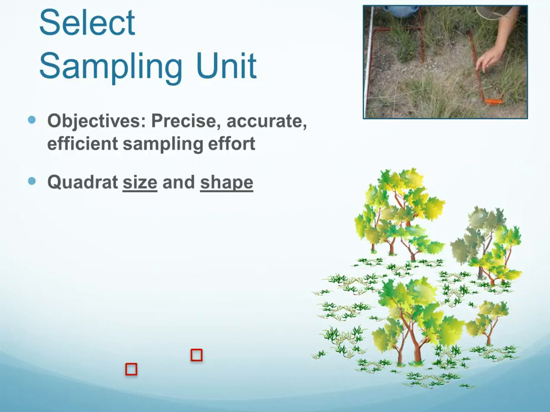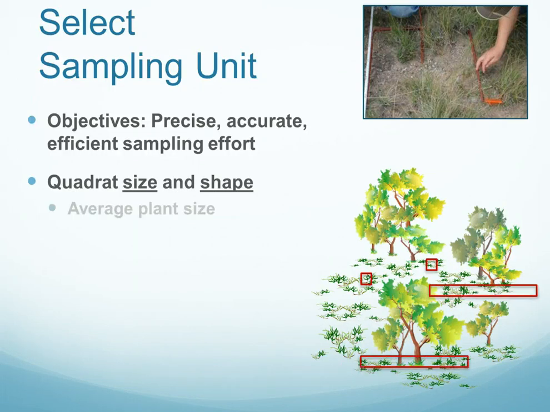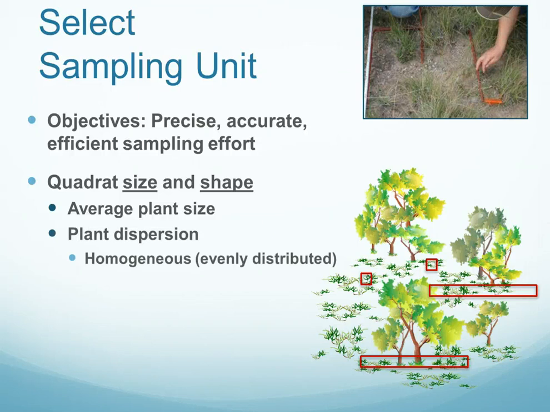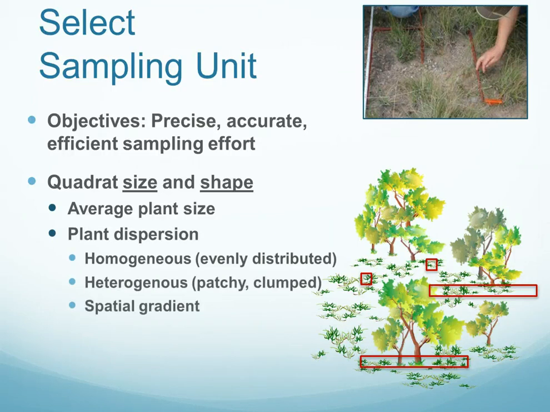Also, the average plant size will affect the size and the shape of the quadrat that we select, and also the dispersion of plants, whether they are evenly distributed or homogeneous in the environment, if they are heterogeneously distributed or patchy and clumped, and if there is a spatial gradient.